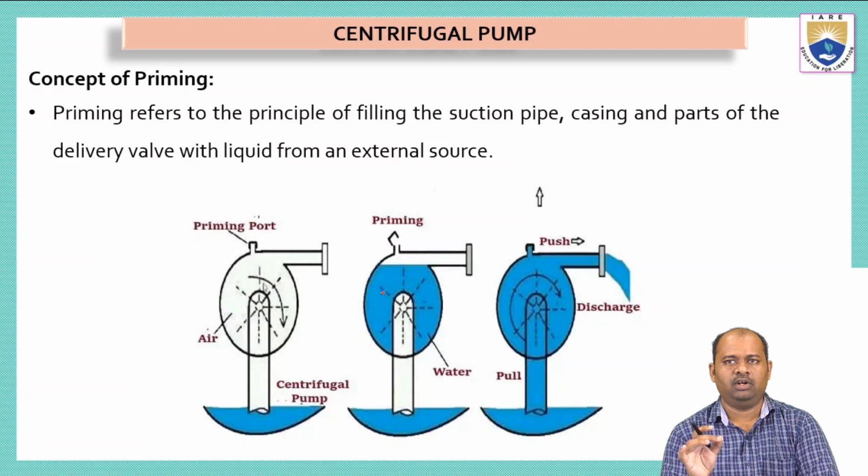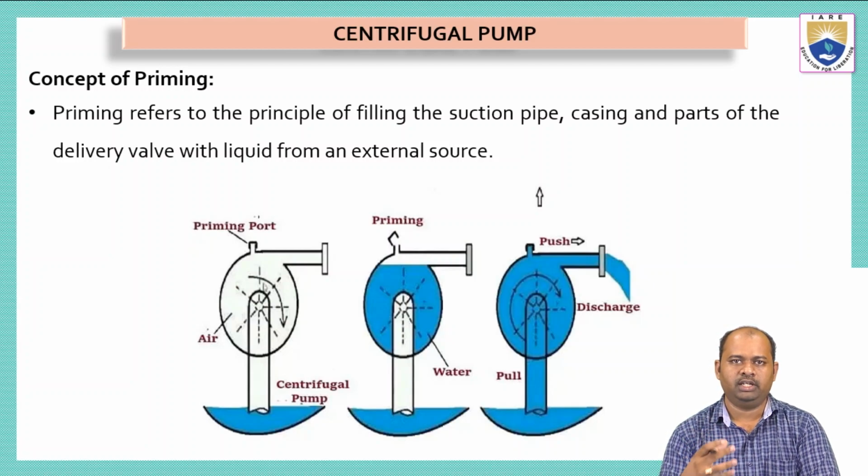And then there is a concept called priming. In centrifugal pumps, we have a thing called priming, where we have to fill the casing with water in order to create a forced vortex inside the water, so that this phenomenon creates a suction at the center of the casing.